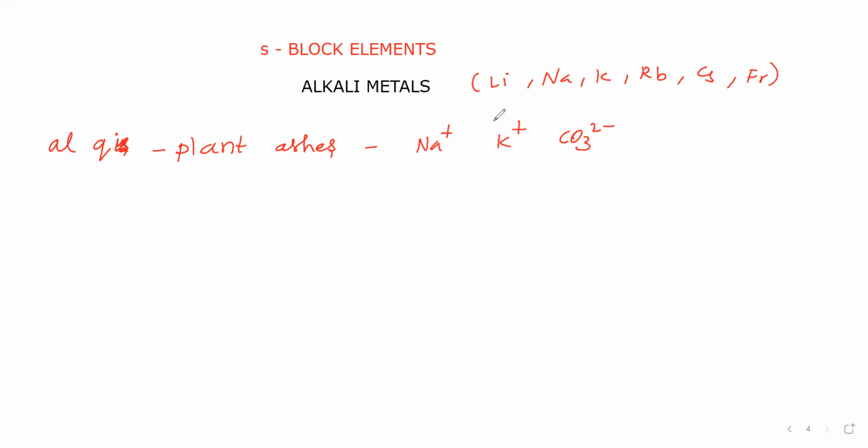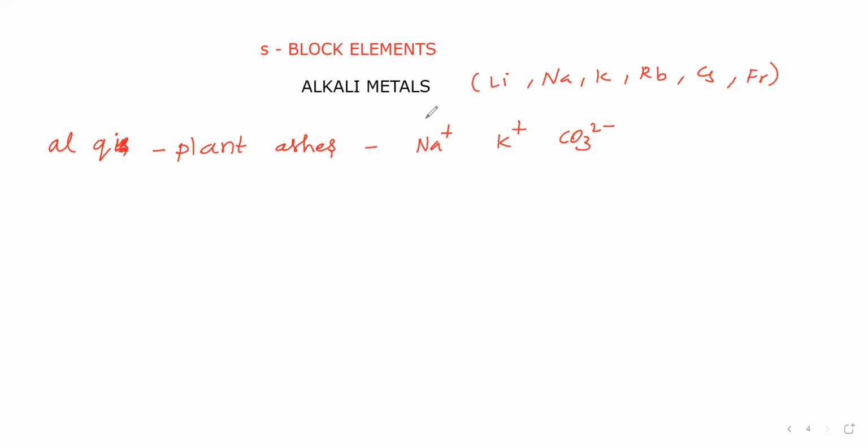Alkali means plant ashes, which are rich in carbonates of sodium and potassium. That's why the name alkali metals is given for these metals.